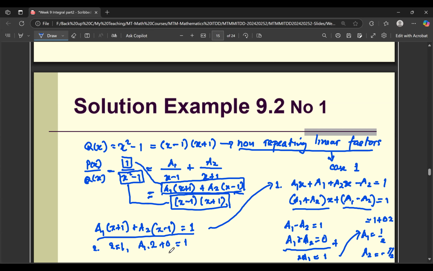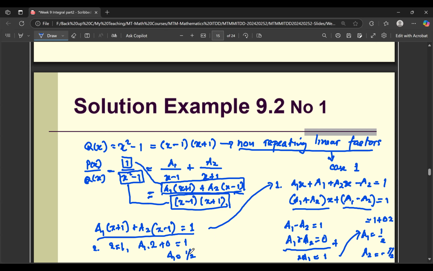So we have A1. After we get A1, we can choose another x to get A2.